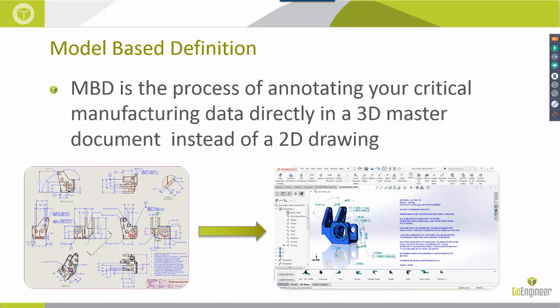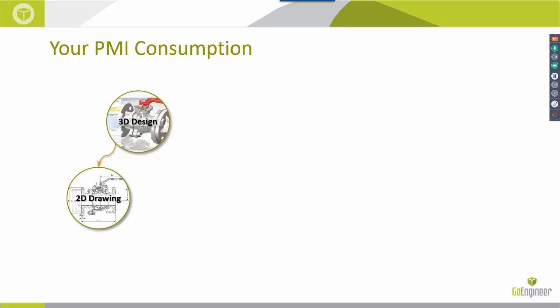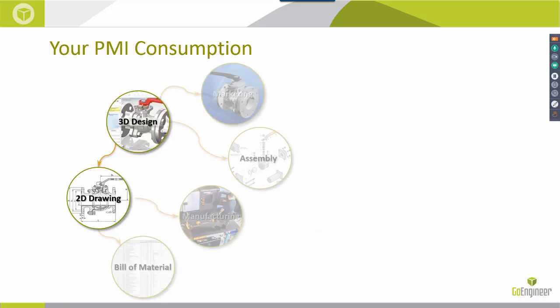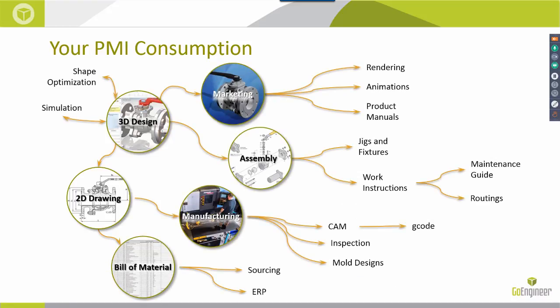That's really been my goal for 20 years, as well as our renewed goal when we're talking about model-based definition. I want to look at this graphic again. If you've attended one of our webinars before, we've shown this in relation to MBD. This is how and where in your organization PMI is typically consumed.